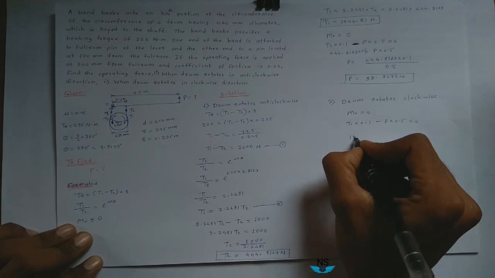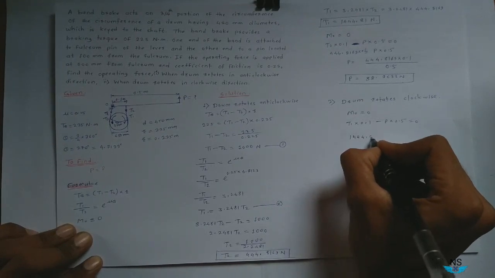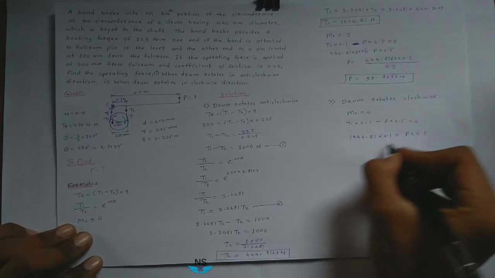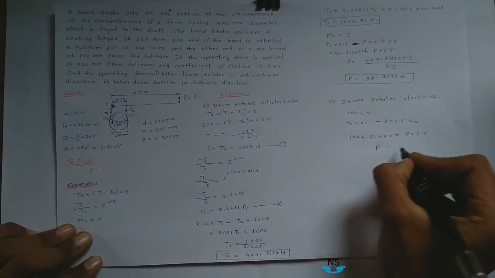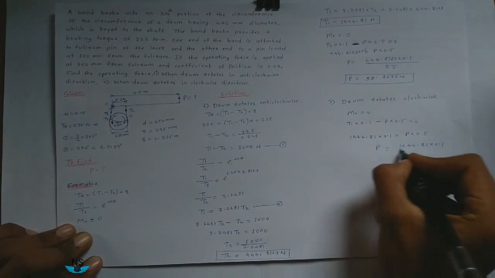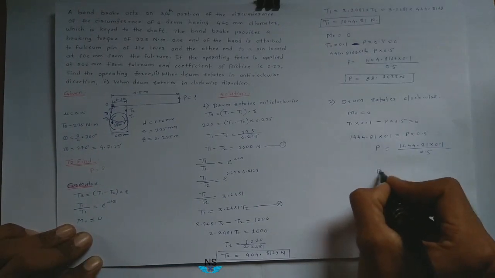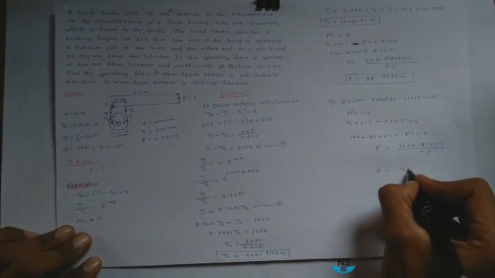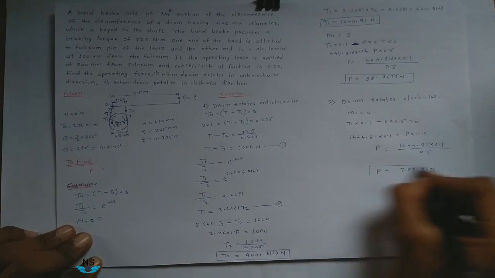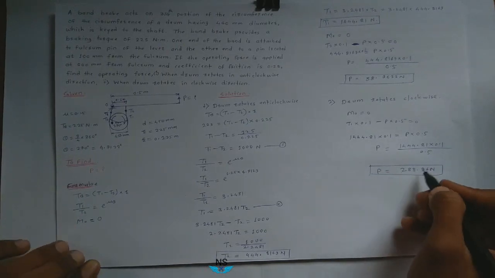Now T1, 1444.81 into 0.1 is equal to P into 0.5. So P is equal to 1444.81 into 0.1 divided by 0.5. So P becomes, for this condition, 288.96 Newton. This much effort is required to operate the brake.